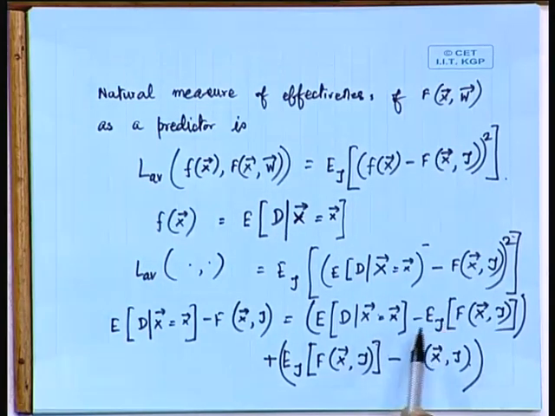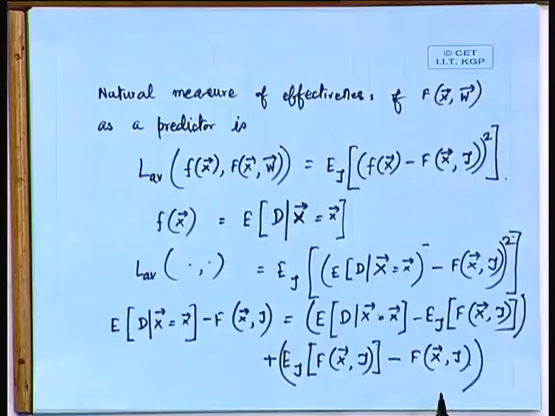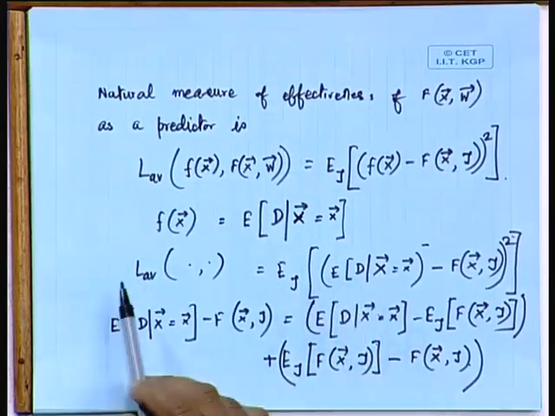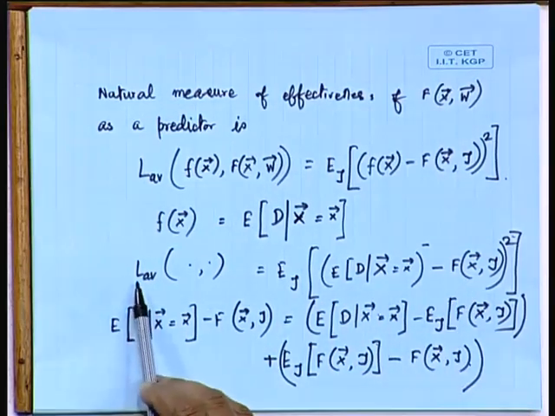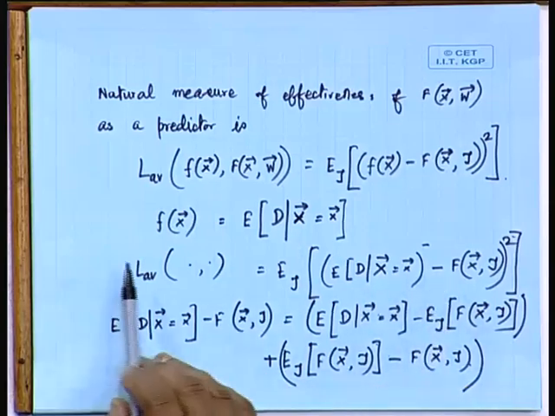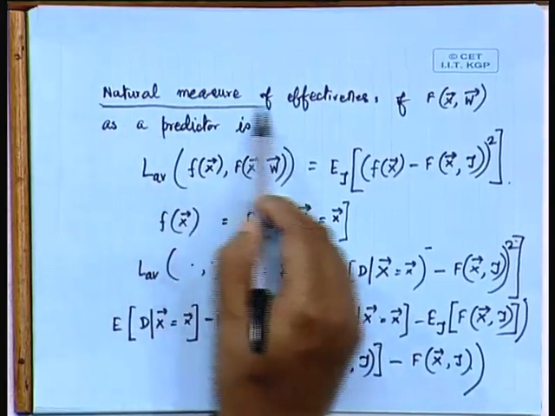E minus the expectation of the realized function, not the variance. Variance we will come to. Actually, this is a summation of two quantities, right? Let us put it into this expression, because after all we are finding out this L average, isn't it? So, we are finding out the natural measure of effectiveness.